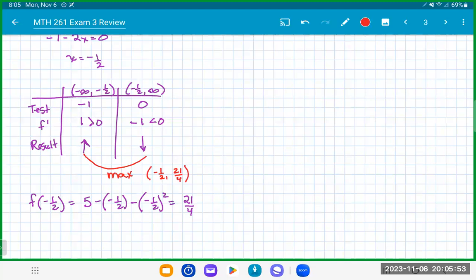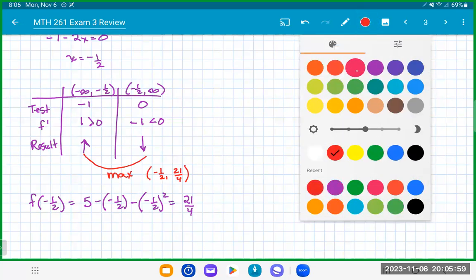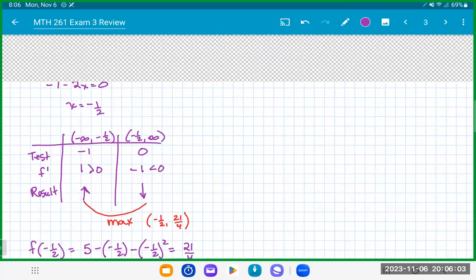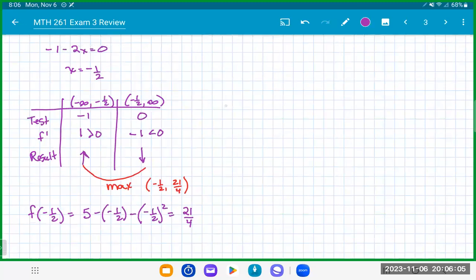Okay, so the last thing that we need to do is graph our function. And so in this case, let's just plot a few points. So we have our x value and our f of x value. We already know that negative 1 is going to be a point, so let's put that on here.